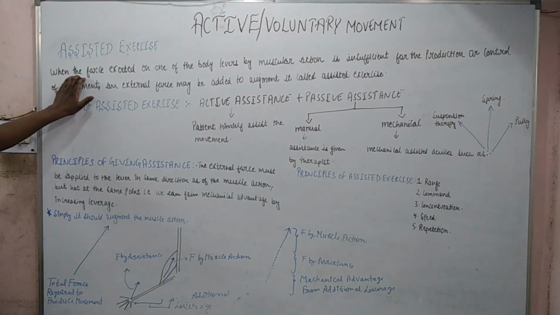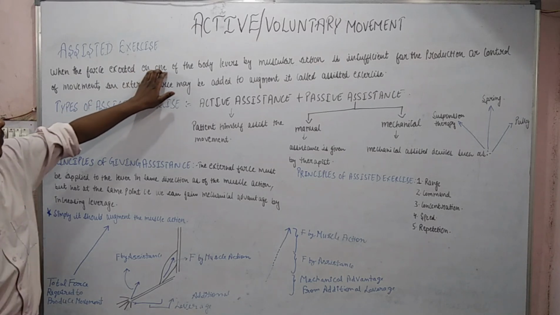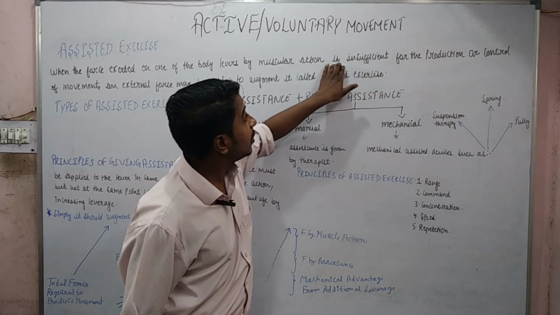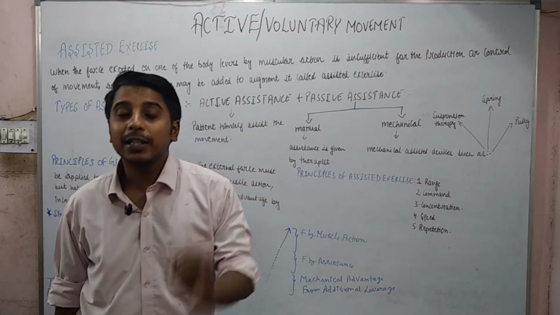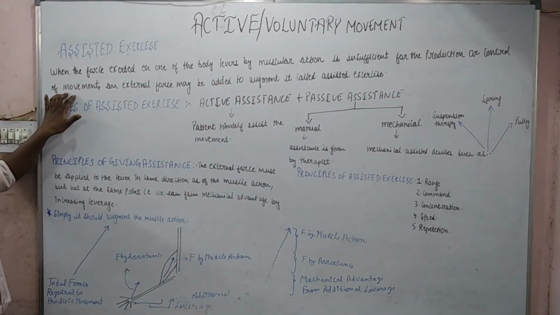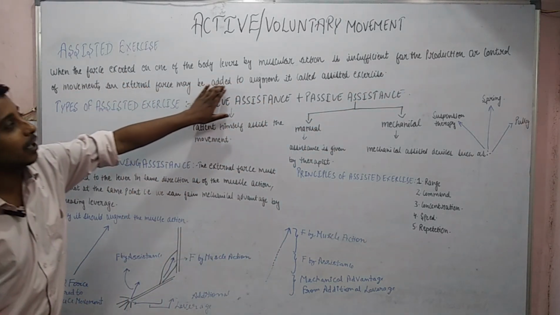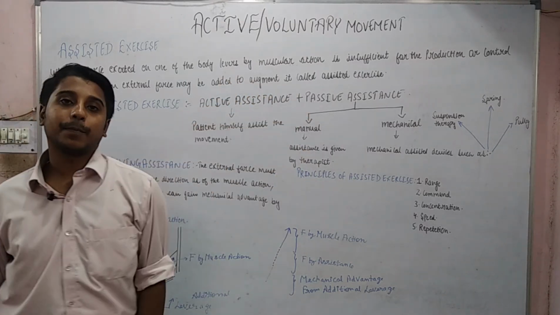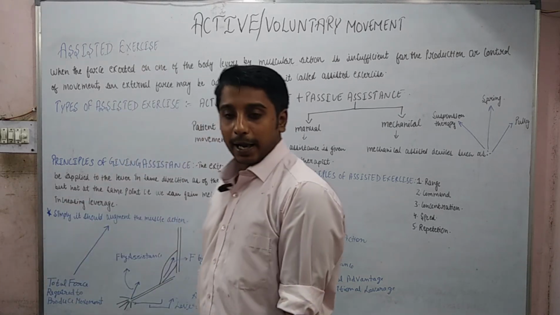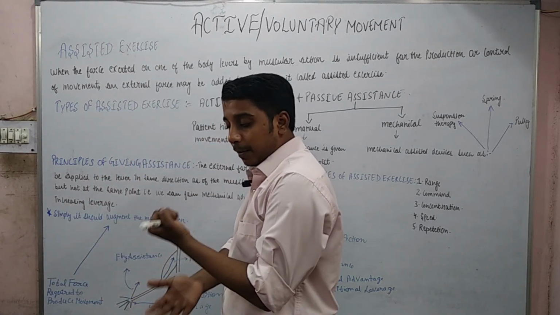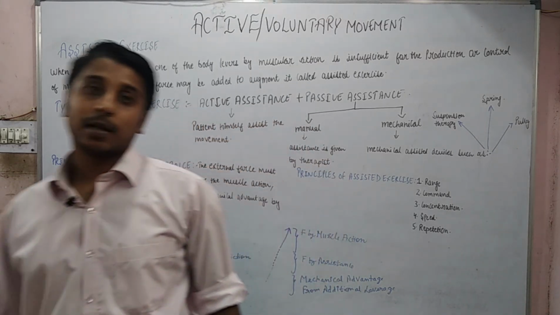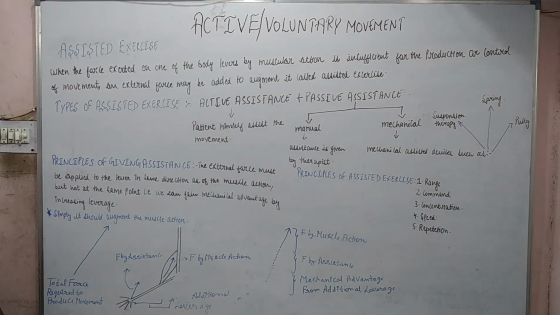Whenever the force exerted on one of the body levers by muscular action is insufficient for the production or the control of movement, an external force is required to augment it, called the assisted exercise. For example, I can do elbow flexion up to this level but not beyond this level, so some assistance is required, called the assisted exercise.